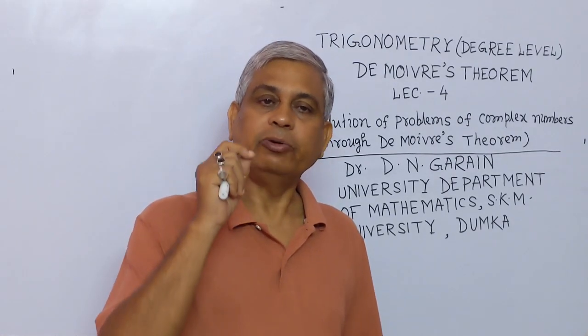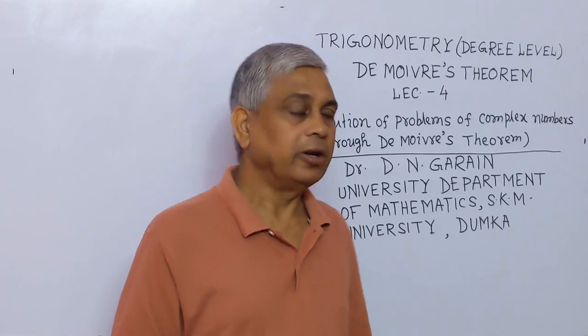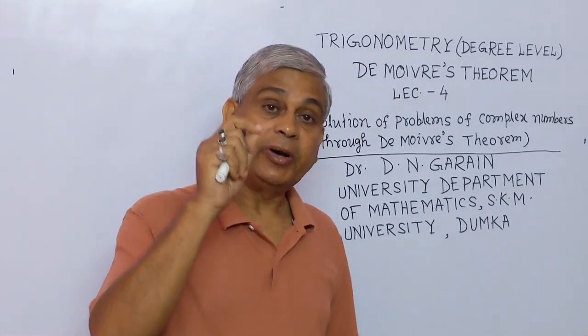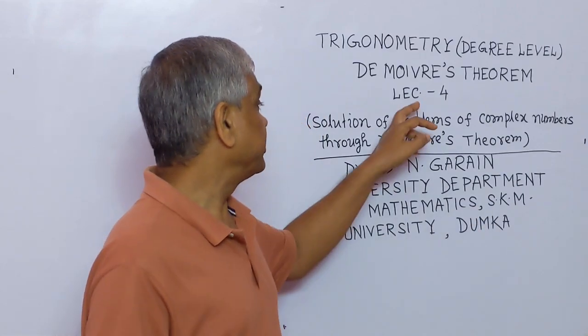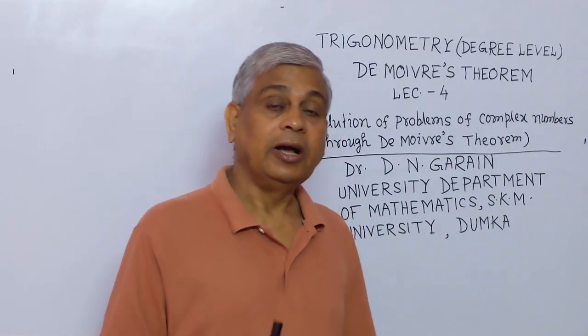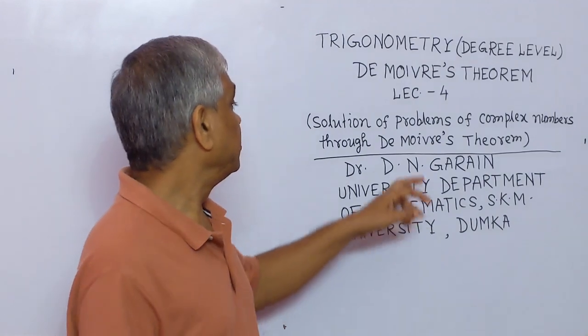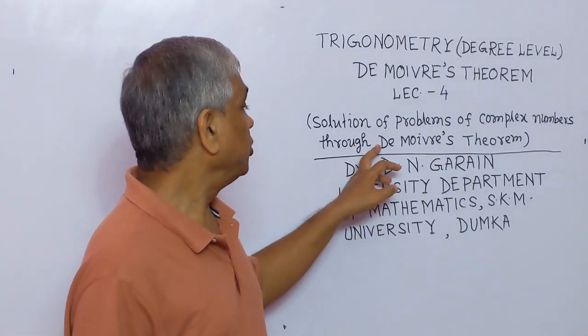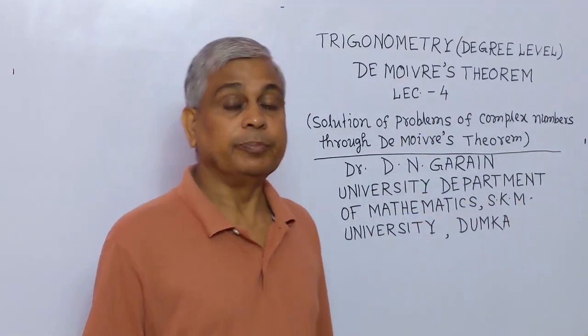Today, I will deliver a lecture on degree level trigonometry, De Moivre's theorem, lecture number 4, in which I will solve some problems of complex numbers through De Moivre's theorem.